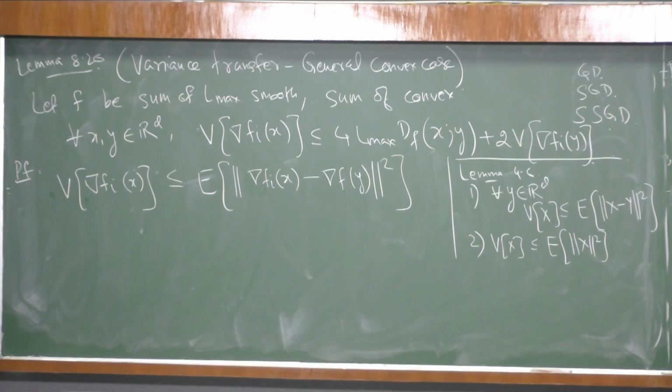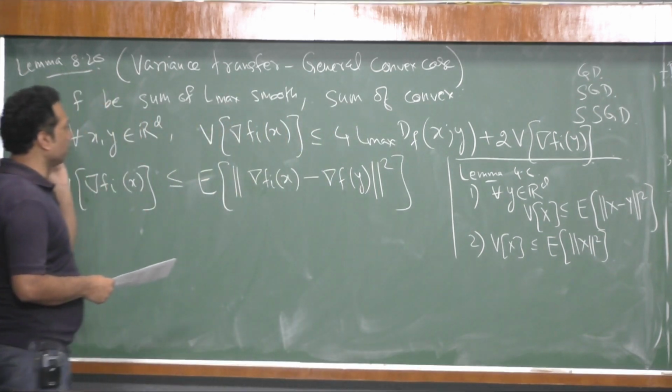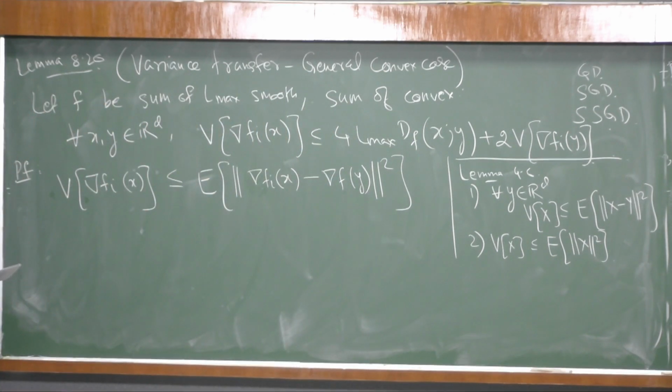The next step is to expand this, and we will expand it by adding and subtracting grad f_i(y) inside the expectation, because we do see this term here. The divergence term that we see will have grad f(x).